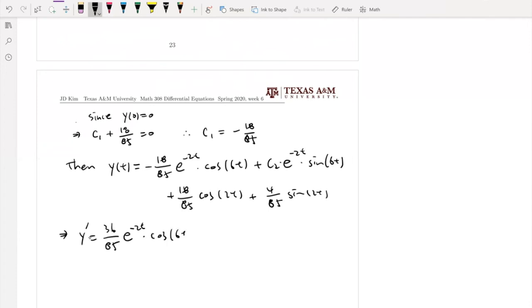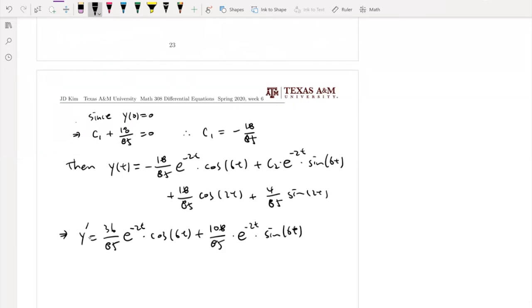cosine 6t and minus, and it will be plus later, but let me do it at the same time. It is 108 over 85 e to the minus 2t times sine 6t.